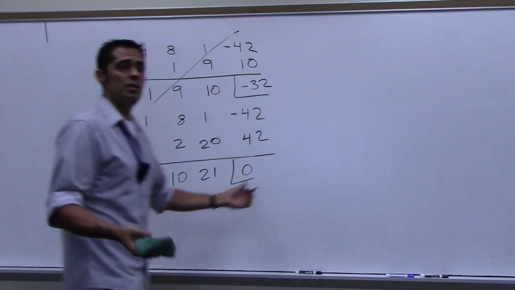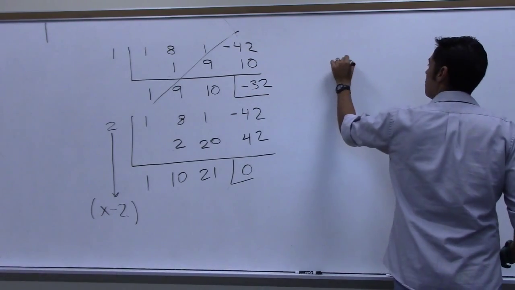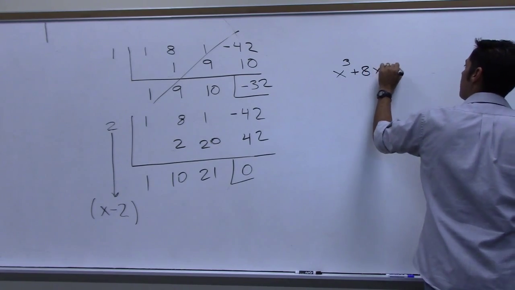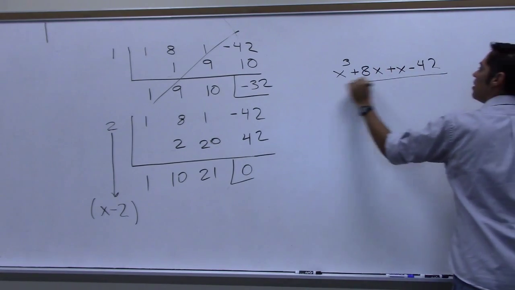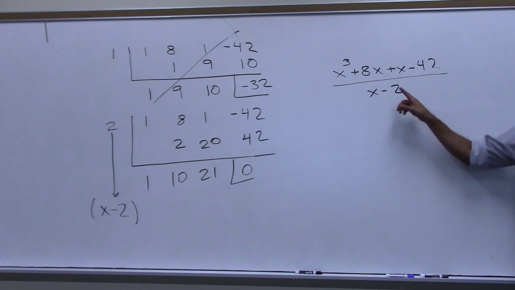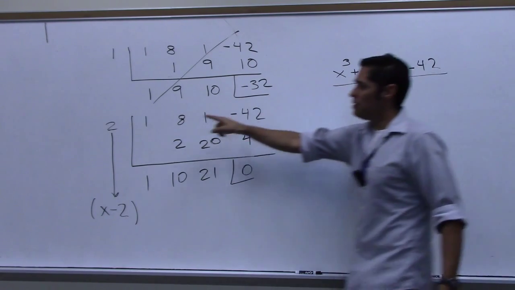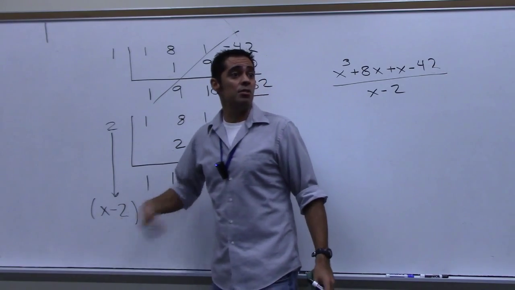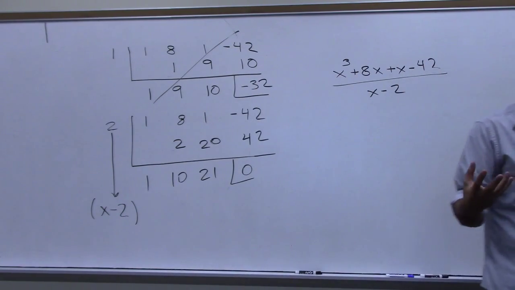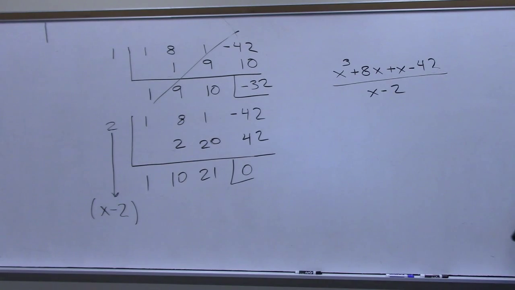Remember with synthetic division? If we did x cubed plus 8x squared plus x minus 42, and I said divide by x minus 2, then in synthetic division you would use a positive 2. So if I use a positive 2 and it works, then I know that x minus 2 has to be a factor. Understand? I'm going backwards from what I did before.